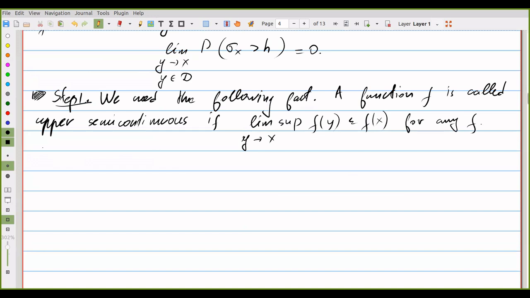And the fact we effectively need is that a non-increasing limit of continuous functions is automatically upper semi-continuous.